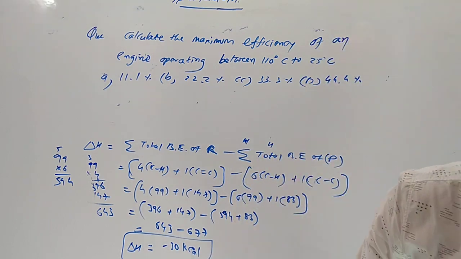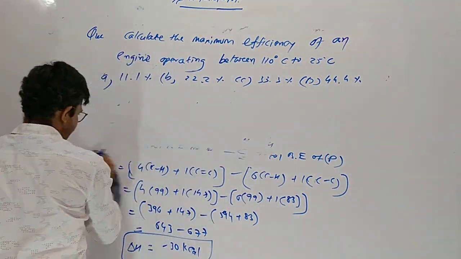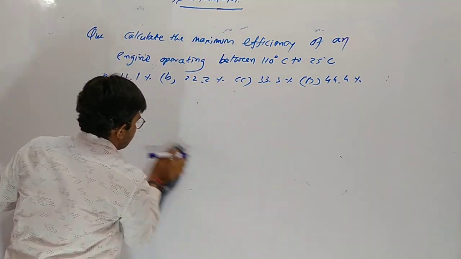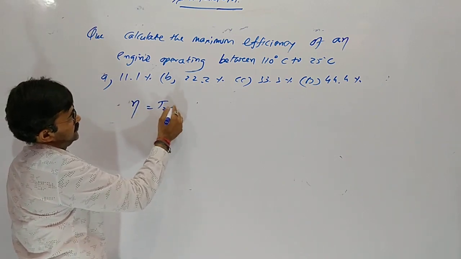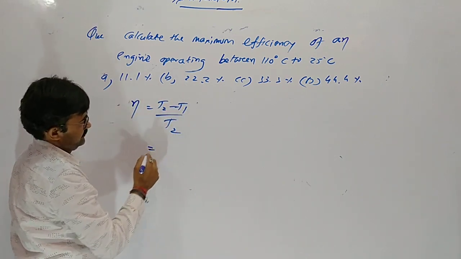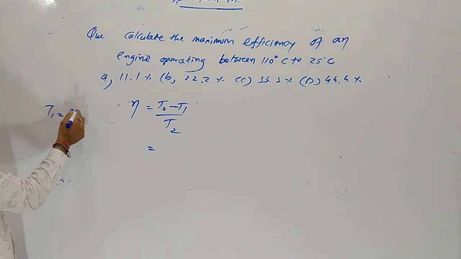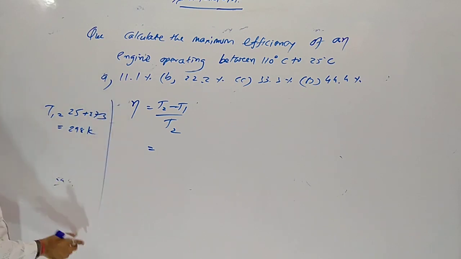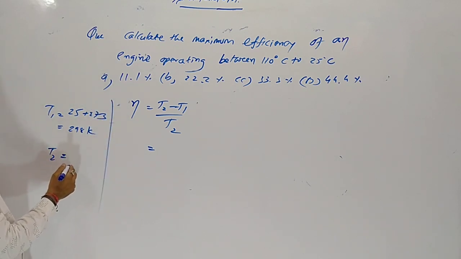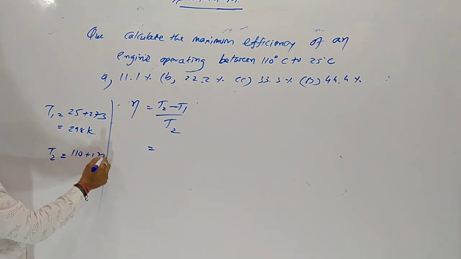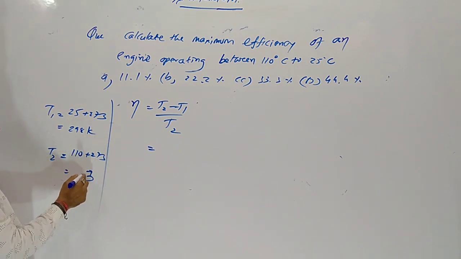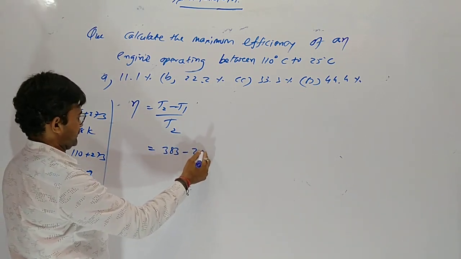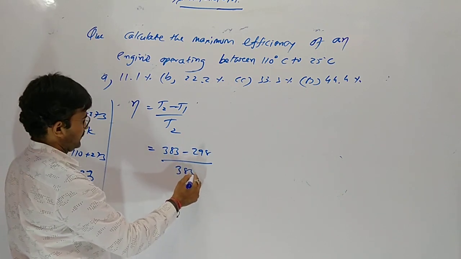We have to first take formula for heat engine efficiency, eta. Eta is equal to T2 minus T1 upon T2. T1 is 25, so when we add 273 it will be 298. T2 is 110 plus 273, so 383. 383 minus 298 upon 383.